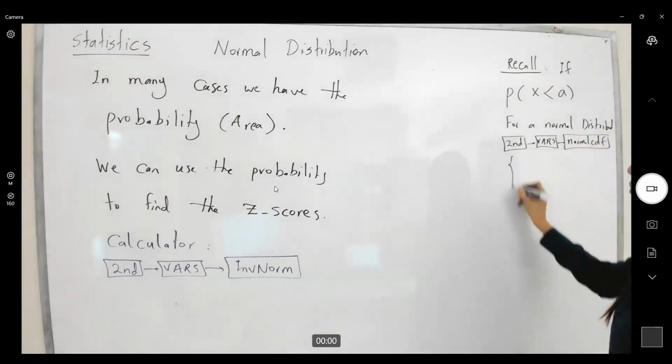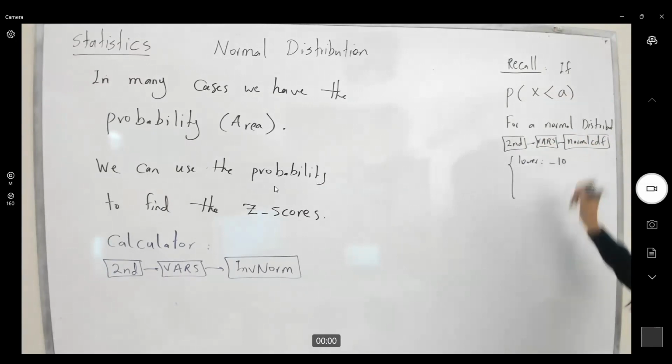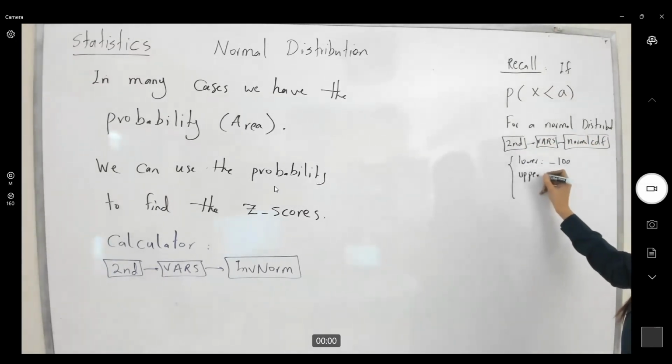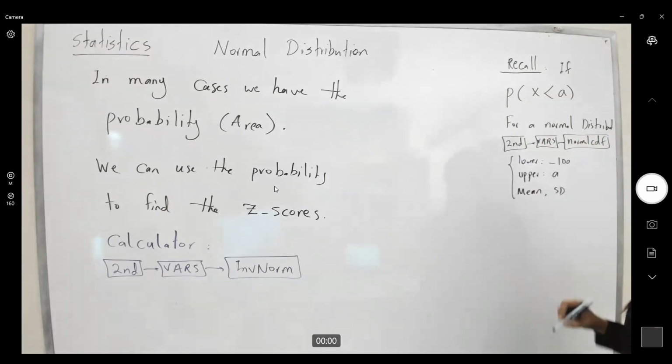Then you have your lower limit, which is like -10, -100, a very small number. You're going to have your upper limit, which is A, the mean, and your standard deviation.